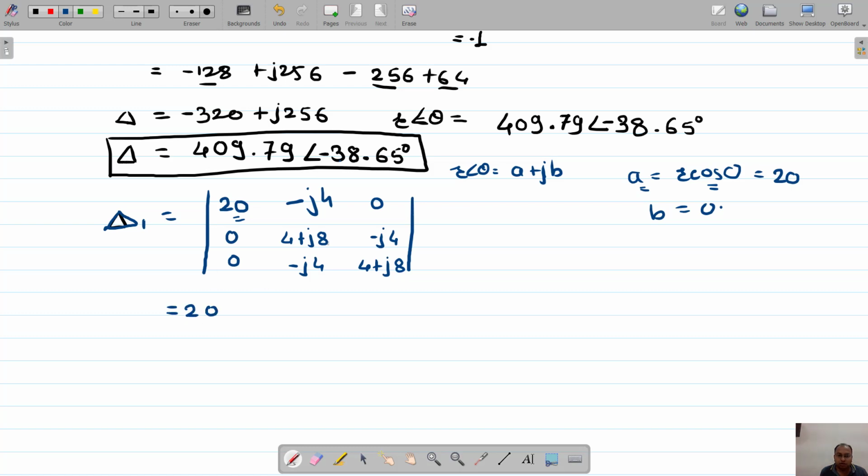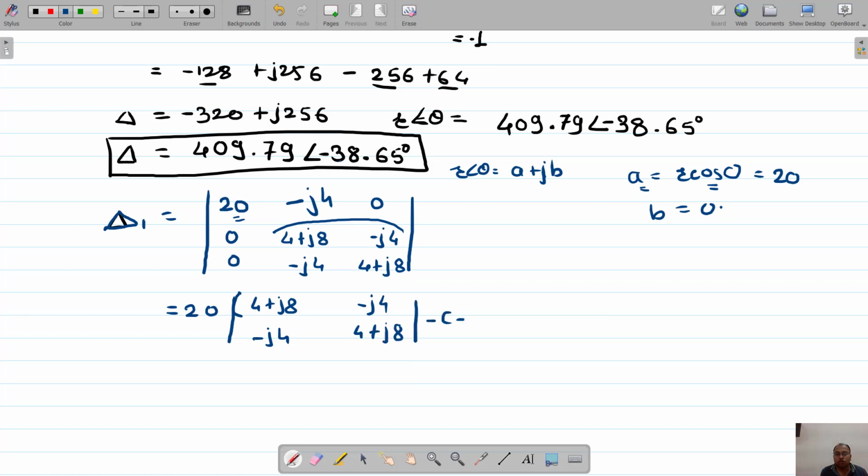So 20, fine. Now over here, this term we have already calculated. Let me write it once again over here: 4 plus j8, minus j4 and 4 plus j8.